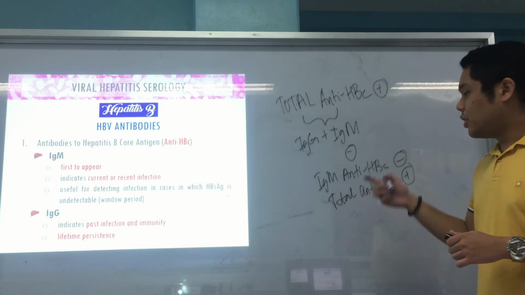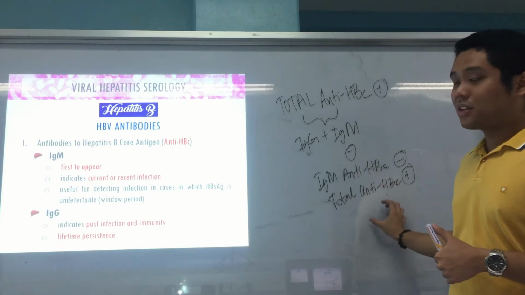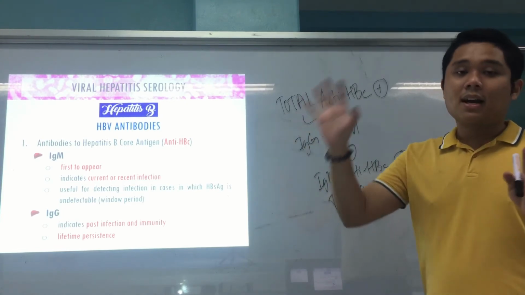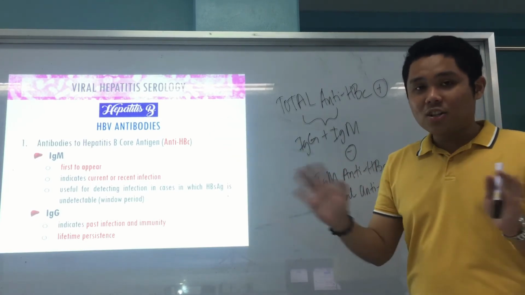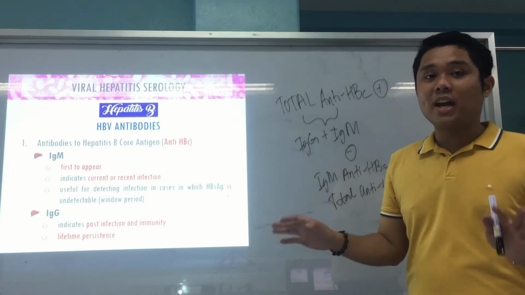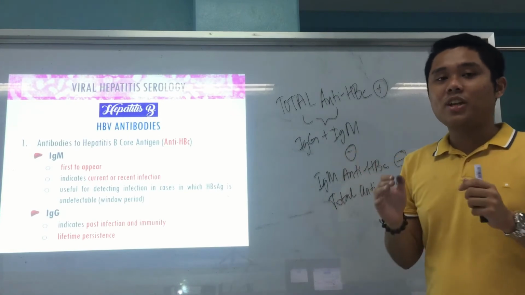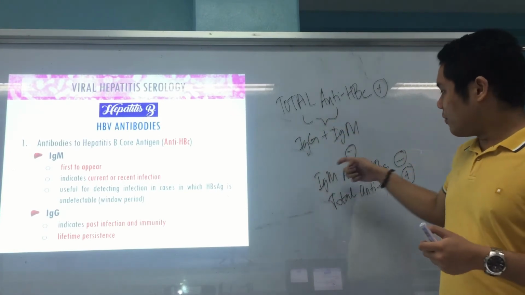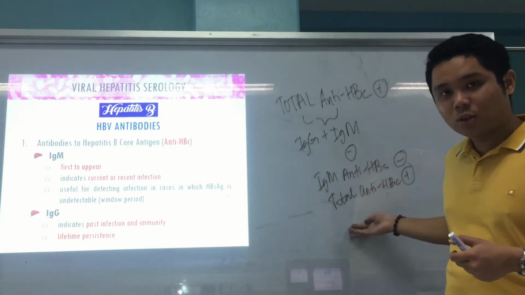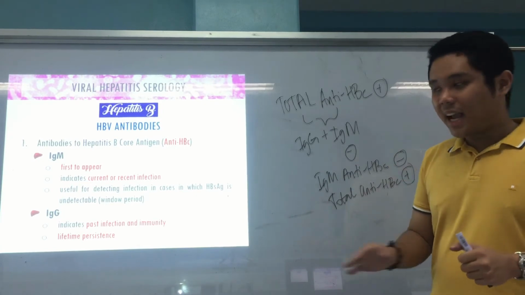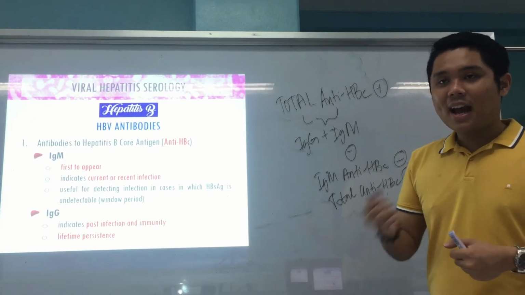So it means that you already have the IgG anti-HBc. Because again, the total combines the IgG and IgM concentration. So you're detecting both, but if you only take the total test and it's positive, you cannot differentiate if it's IgG or IgM. But in the earlier scenario, where you were tested for IgM anti-HBc, negative, and positive on total anti-HBc, it means that you have the IgG already. I hope that's clear.